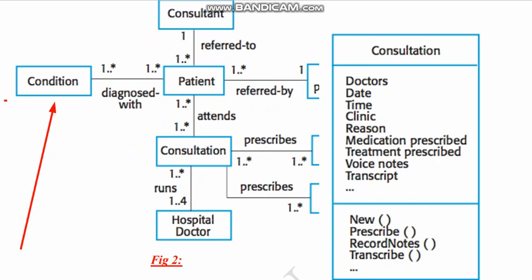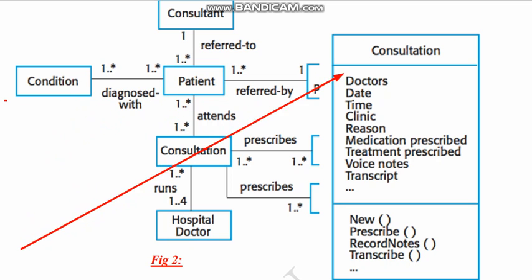Every patient is diagnosed with some condition, and after that the patient may be referred to a consultant, that is a special doctor, or he can go to the hospital doctor and take a treatment from the hospital doctor. So after examining or diagnosing the condition, a patient is referred to a specific consultant. That consultant is a special doctor or it may be a doctor who is available in the hospital.